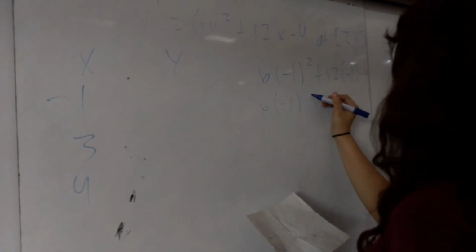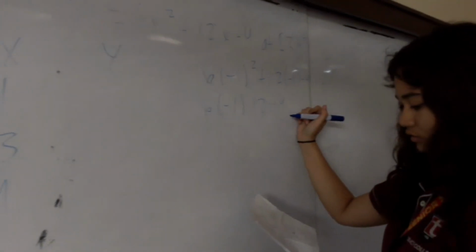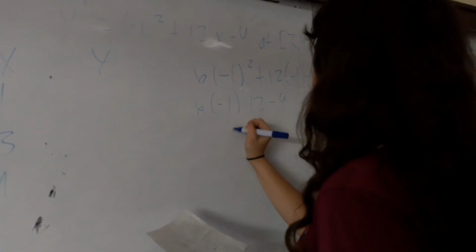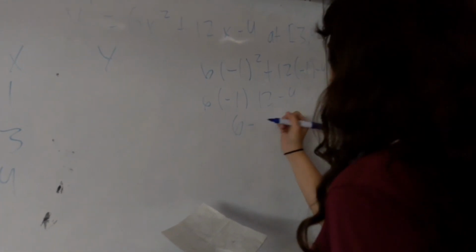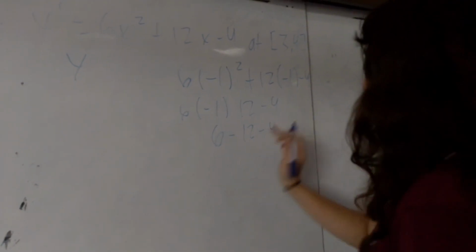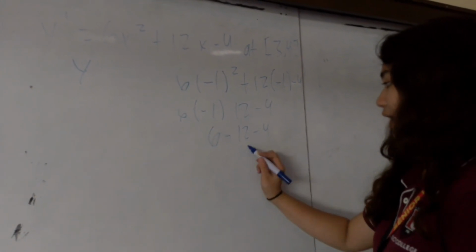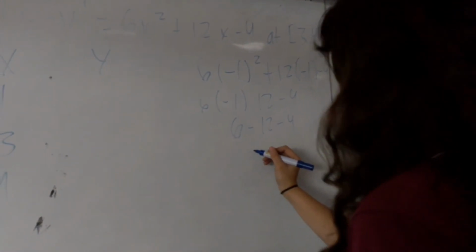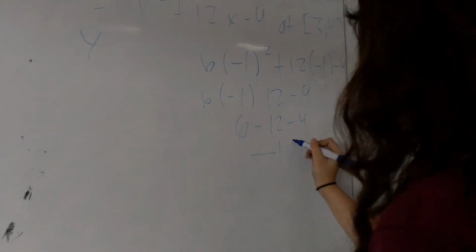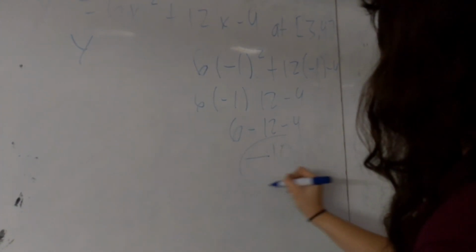Then 6 times 1 minus 12 minus 4. We have 6 minus 12 minus 4. And for the final answer, we have negative 10.